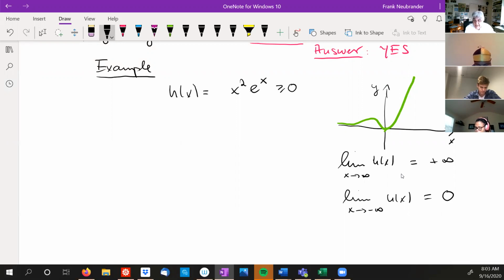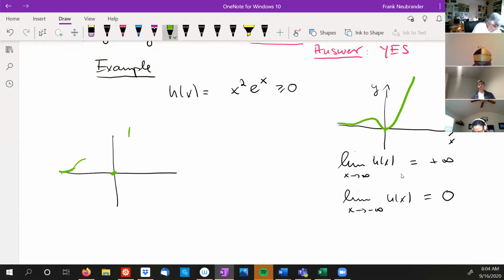Now, this is still speculation. I mean, I could have a graph that looks like this, so I have to start here. It's always positive, and I have to go up here. So there are many possible graphs.